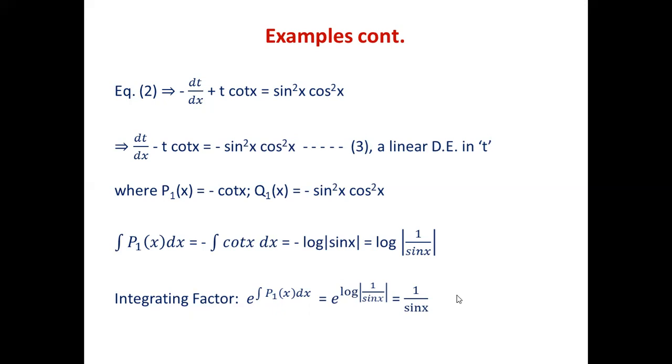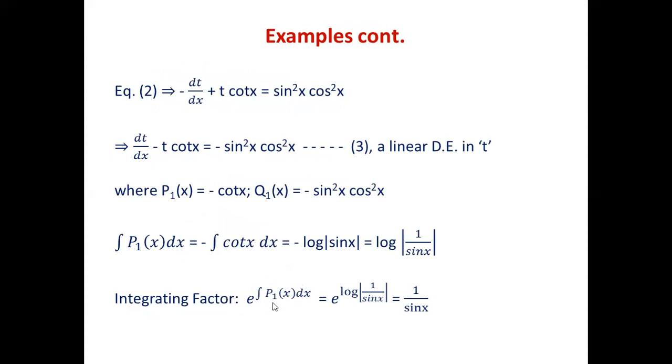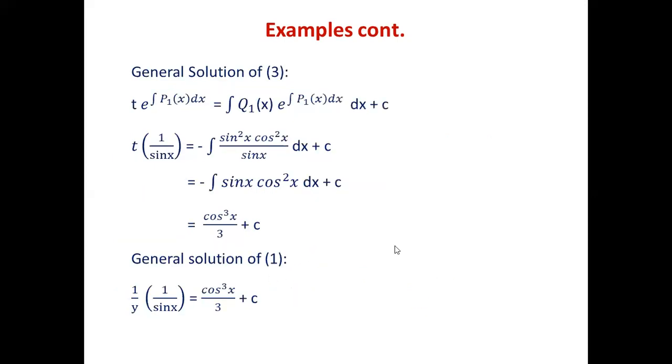Now we are ready to write the general solution of linear differential equation 3. The general solution is t multiplied by the integrating factor is equal to integral of Q1 of x multiplied by the integrating factor plus c. You have seen the integrating factor as 1 by sin x. Substitute for the integrating factor 1 by sin x.